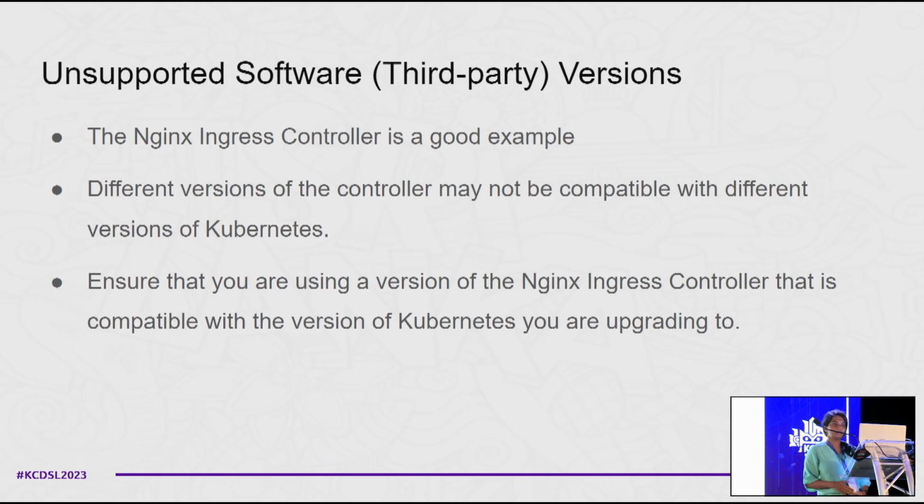But different versions of the Nginx ingress controller may not be compatible with different Kubernetes versions. Therefore, it is important that we use a version of the Nginx ingress controller that is compatible with the Kubernetes version.